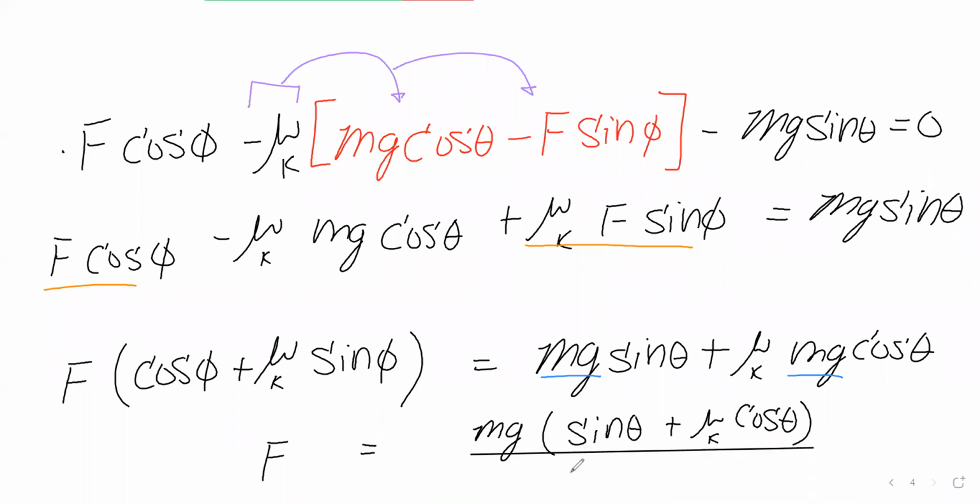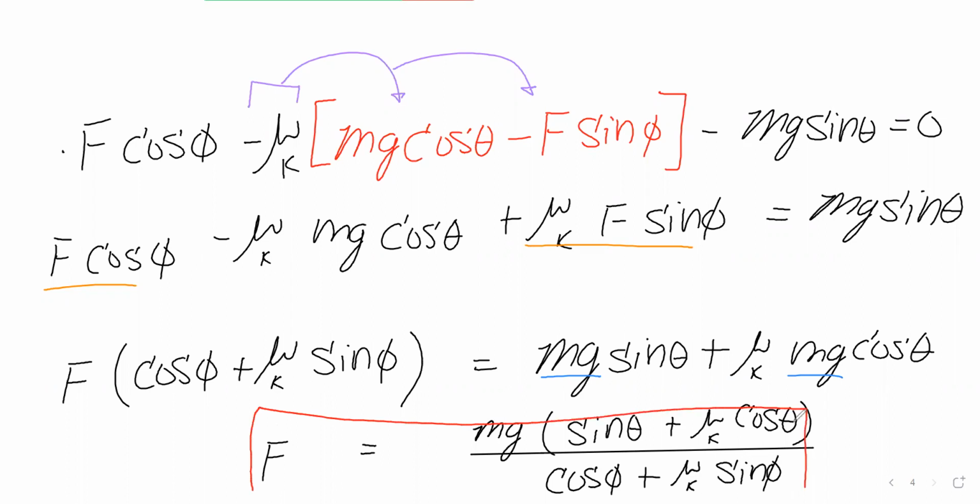So that would be divided by the cosine phi plus mu sine phi. Final answer. Perfect. In some physics classes that would be done for this particular situation, that's the equation for f.